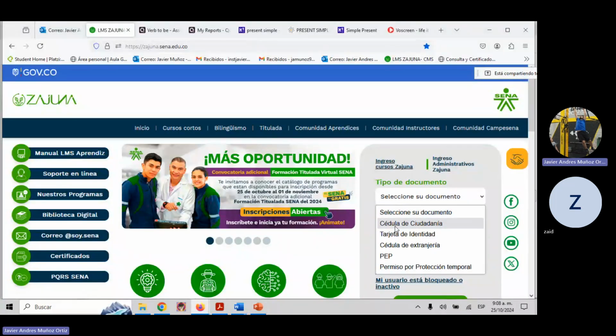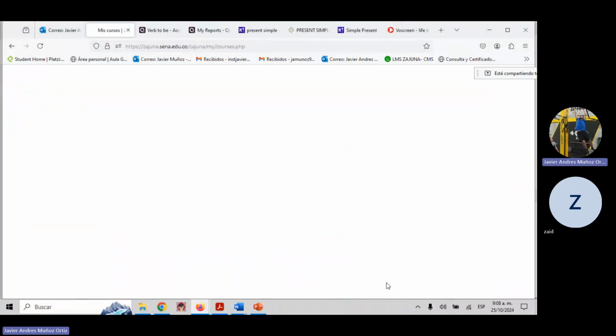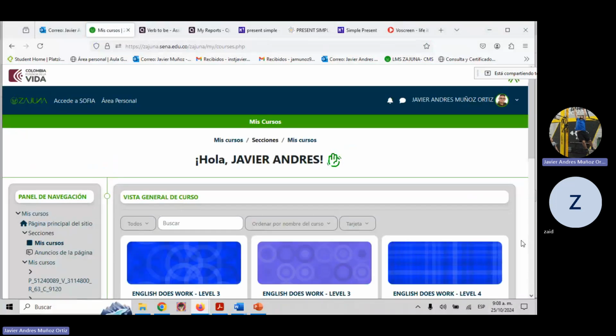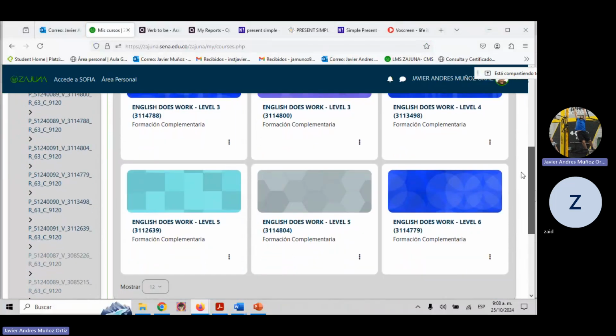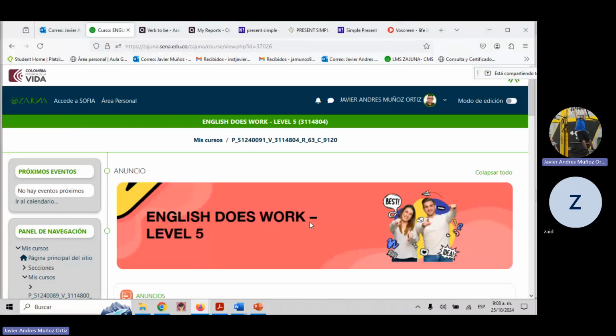When we go to Zayuna, remember that Zayuna means a seed, semilla in Arawaco, right? So we go to Zayuna and we open our course. In this case, our course is called 3114804, I guess.